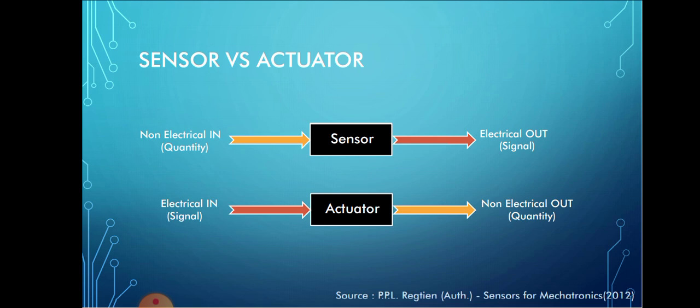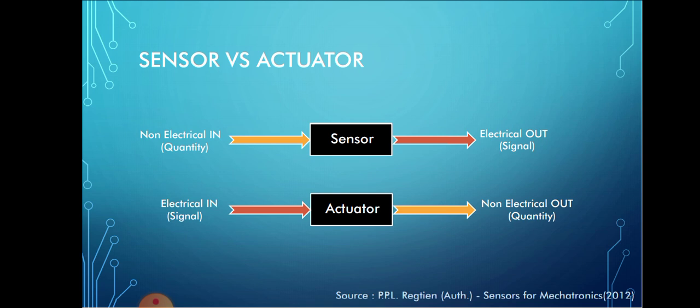So this is on your screen. You can see the diagram for sensors versus actuators. Sensors take a non-electrical quantity as an input, but produce an electrical signal.